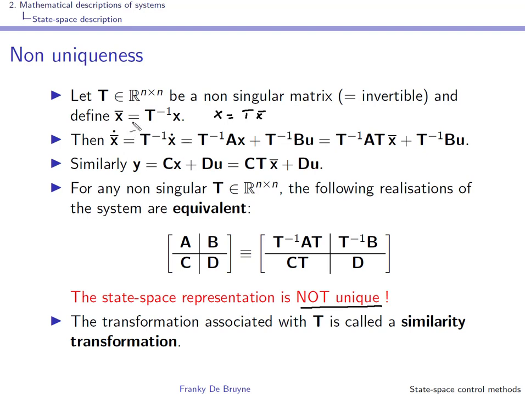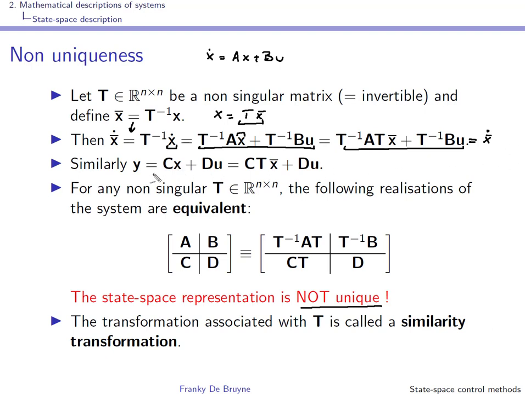By taking derivatives on both sides, we see that the derivative of x bar is equal to T minus 1 x dot. Now we can inject x dot equals Ax plus Bu. If we do this, we obtain this equation over here. And if we replace x by T x bar, we obtain this equation here for x bar dot.